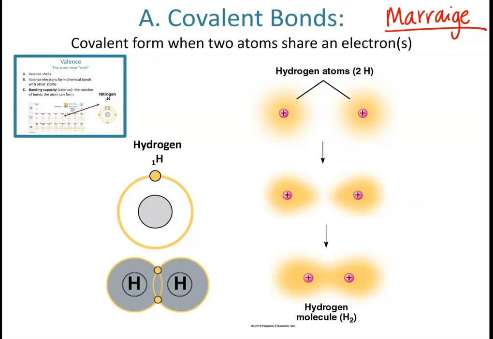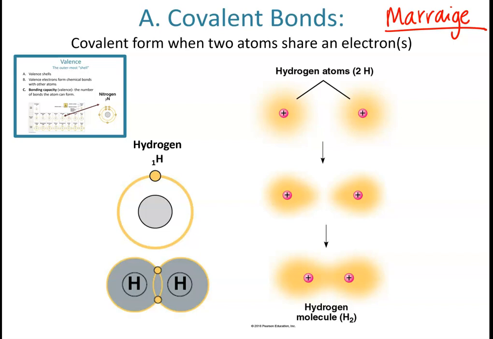So here we have hydrogen. Hydrogen only has one shell, so its shell is the valence shell, and hydrogen has one electron. Now that electron wants to be paired with somebody. It wants a significant other, and it often finds its significant other in other hydrogen atoms.